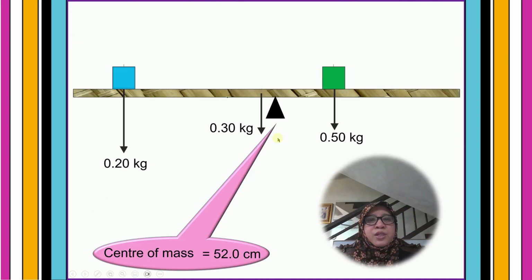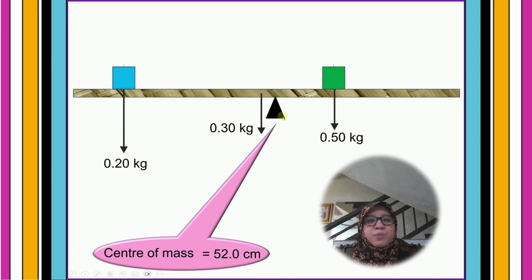If we imagine it from the side view, this is the ruler. We put the 0.20 kg mass here, the 0.50 kg here, and the 0.30 kilogram is the center of mass of the ruler itself.